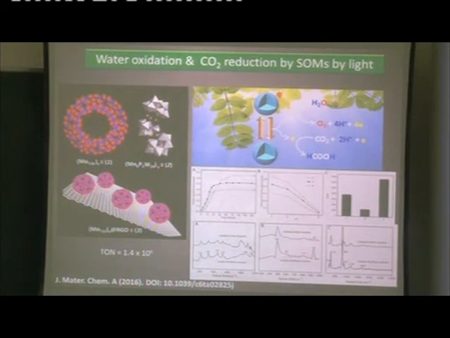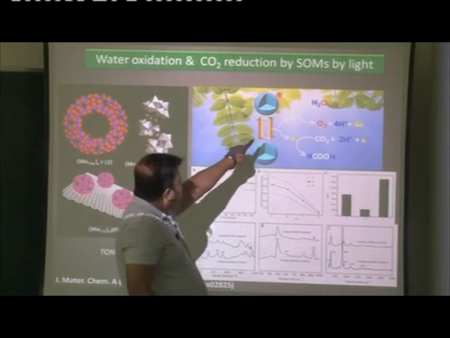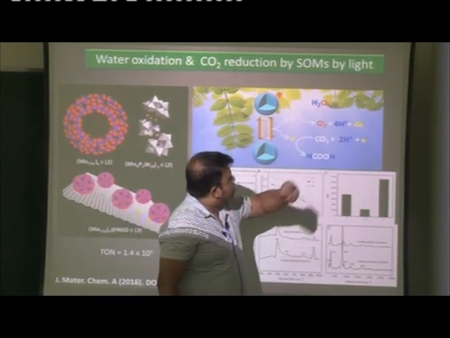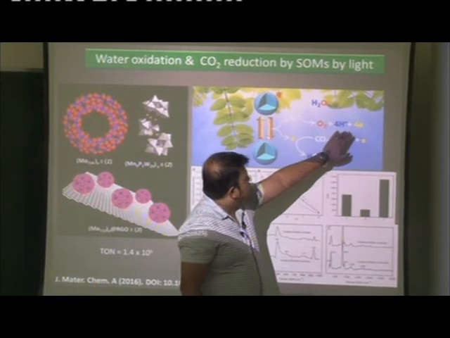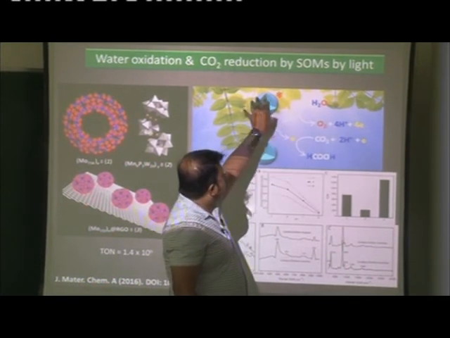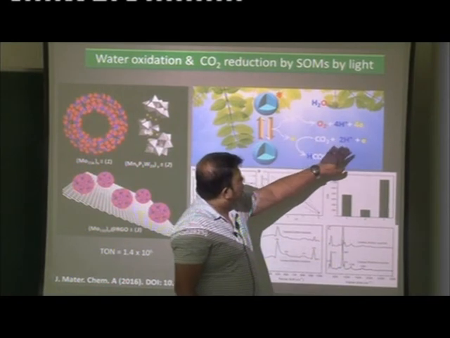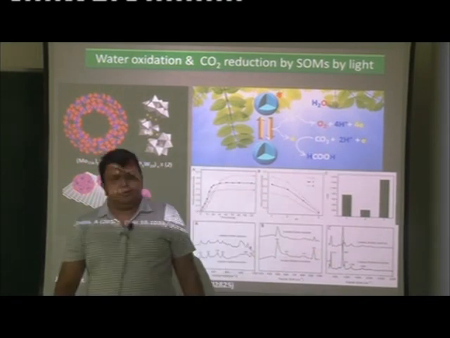Light creates an exciton, that is what we think. It creates a hole and an electron pair. The hole oxidizes water to form oxygen, protons, and electrons. These protons and electrons are transiently stored in this soft oxometalate and injected into the carbon dioxide to form formic acid.